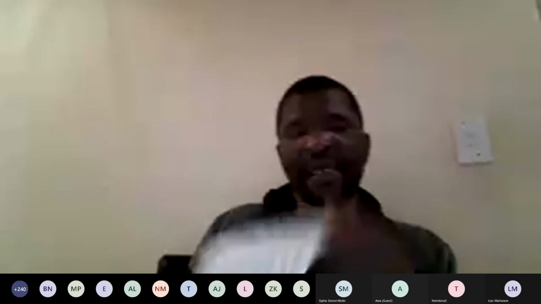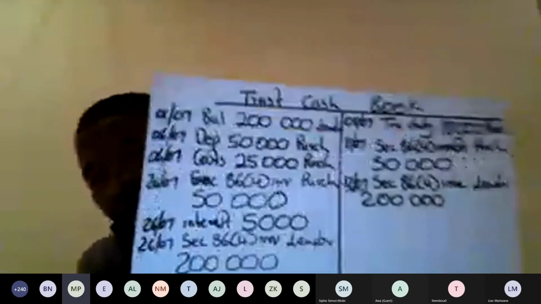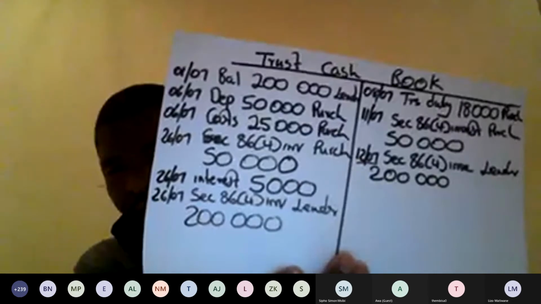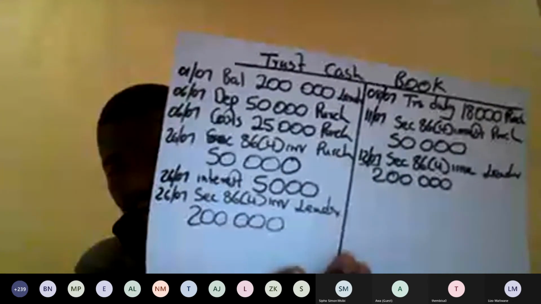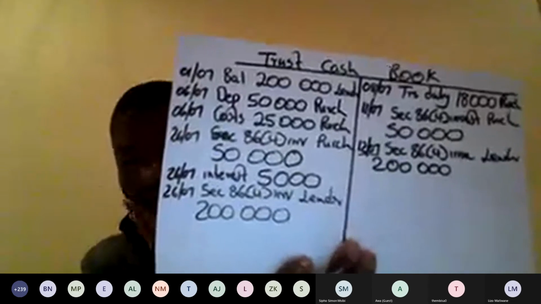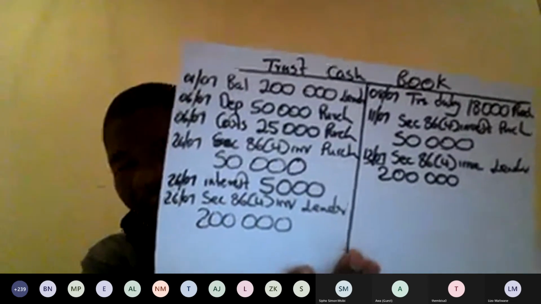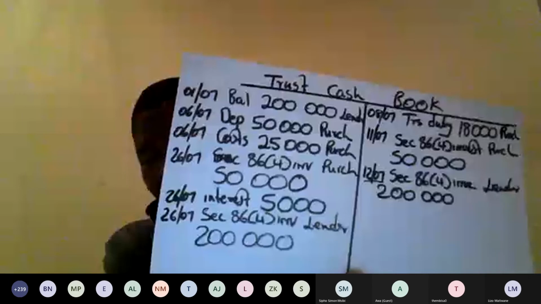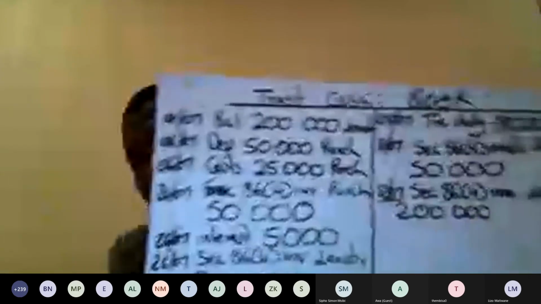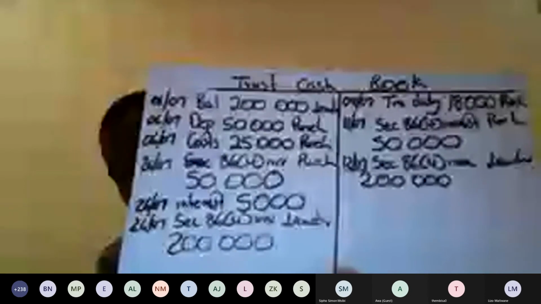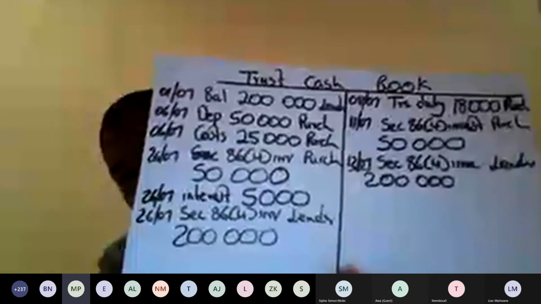Now, after debiting your trust cash book, you credit your investment account with the same amount. Yes, at this stage you withdraw the whole amount to your trust cash book.